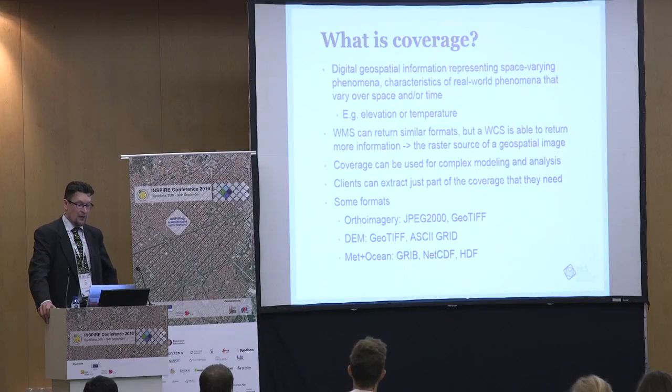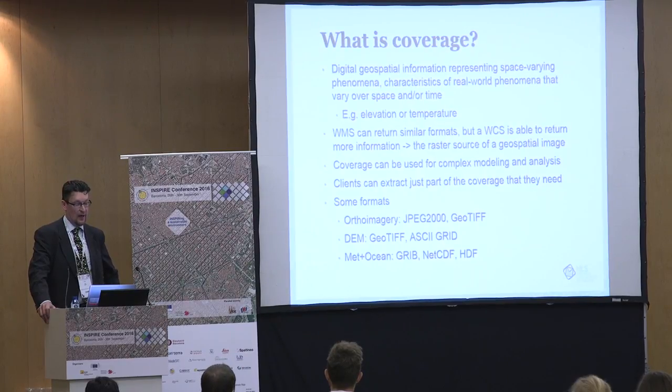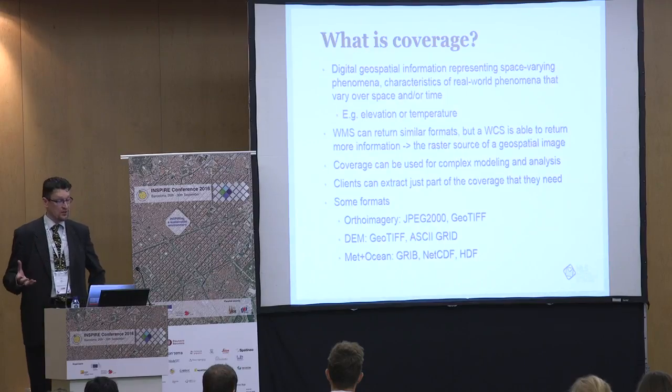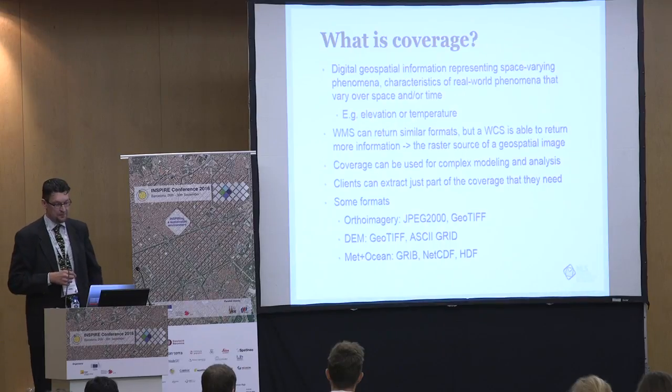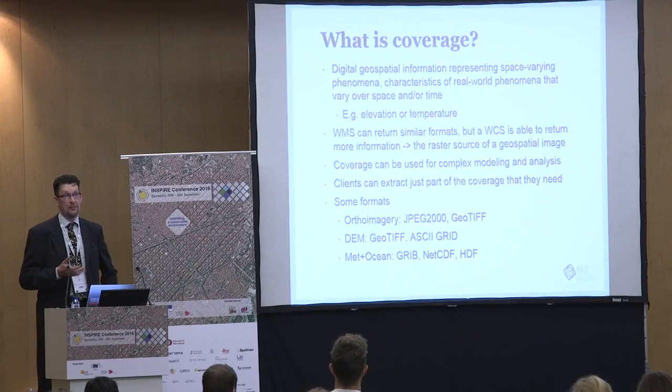So coverage is quite a clever thing, that it's kind of a raster format with the source code inside it. So you may have more information, like not from WMS you just get an image, but from WCS you also get more information, the source of the geospatial image, like elevation or temperature.